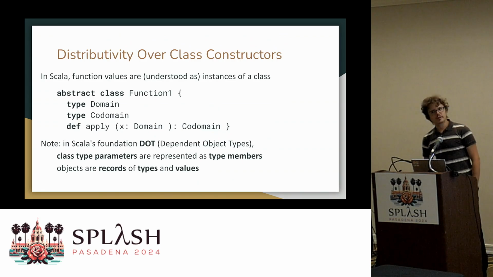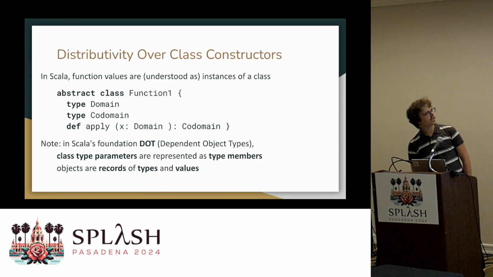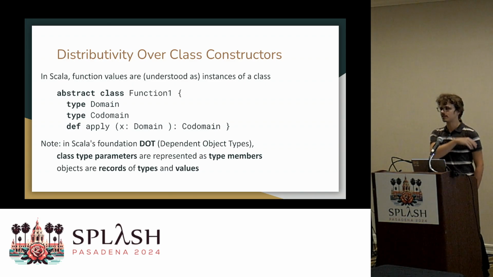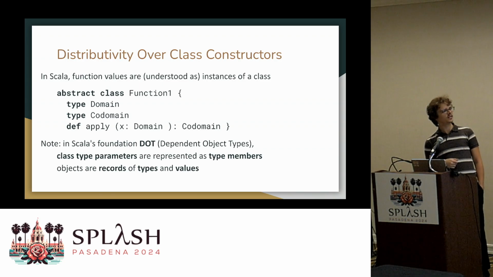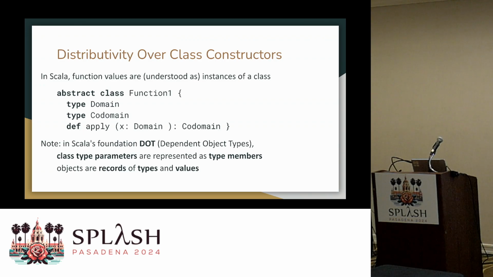You can also generalize this reasoning to arbitrary class constructors, such as the class for functions. So in Scala, functions are not really primitives. The primitives are classes, and functions are just one particular type of class. The type of functions of one argument is represented by the abstract class Function1.